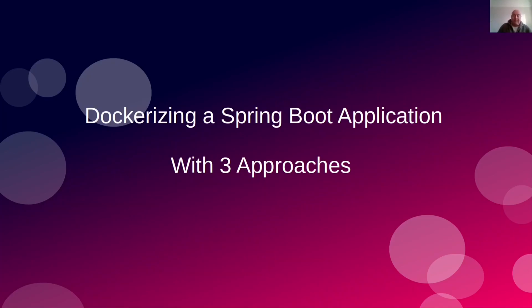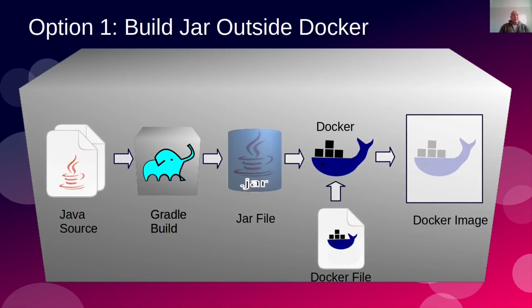So let's jump in. Okay, so let's look at our first approach. The first approach is one of the simplest ones, especially if you have Java experience already. With this approach, we're simply using Gradle to build our Java project into a jar file, which is the normal thing that Java developers do.